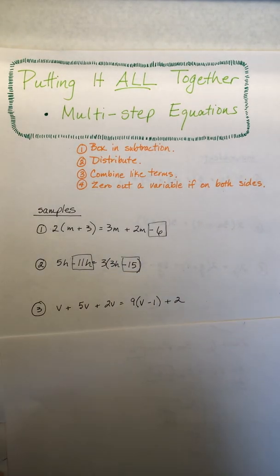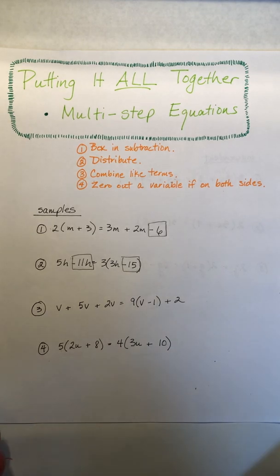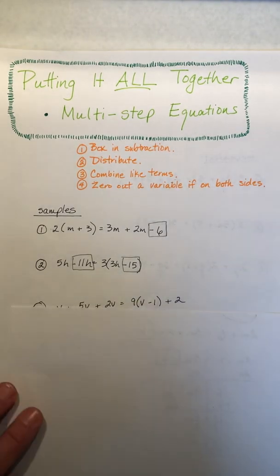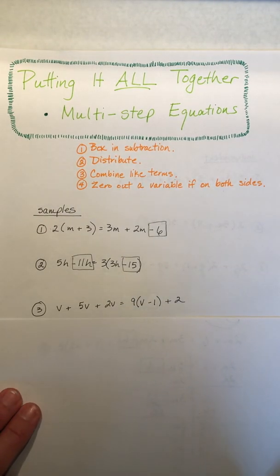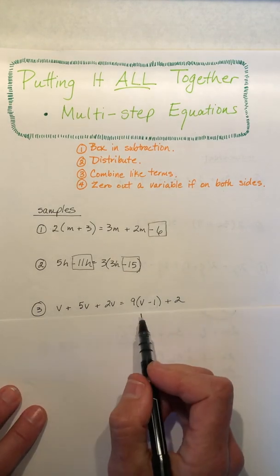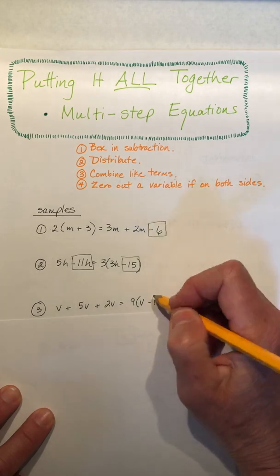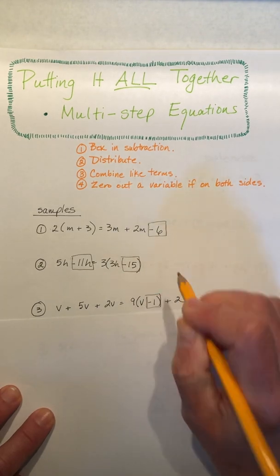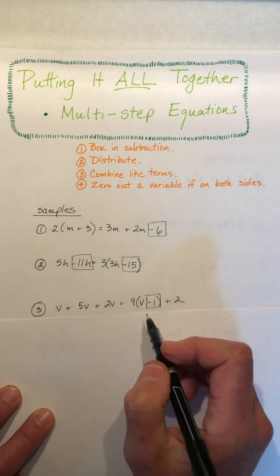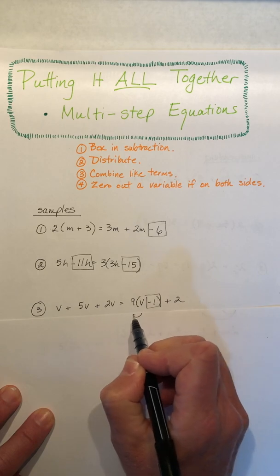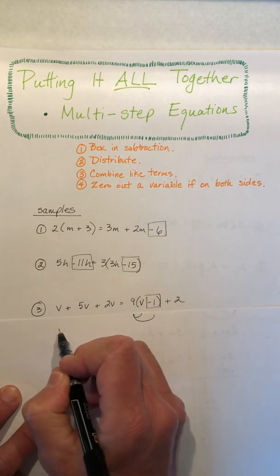Let's look at number 3. I know, how awesome is this? There's only 4 samples today. So, equation number 3 is a little wobbly, but let's take a look. So I've got subtraction to box in. I certainly have distributing to do.